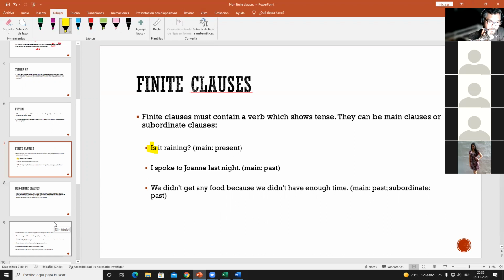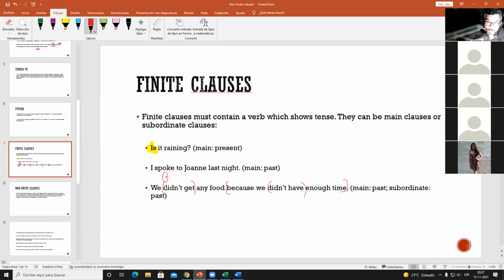We didn't get any food because we didn't have enough time. Didn't get. Ahí tengo mi primera verb. Tengo dos verb phrases porque tengo una dependent clause, ¿no? Y aquí está la dependent. Y ahí está la verb phrase de la dependent. La primera, esta, ¿es finite o non-finite?